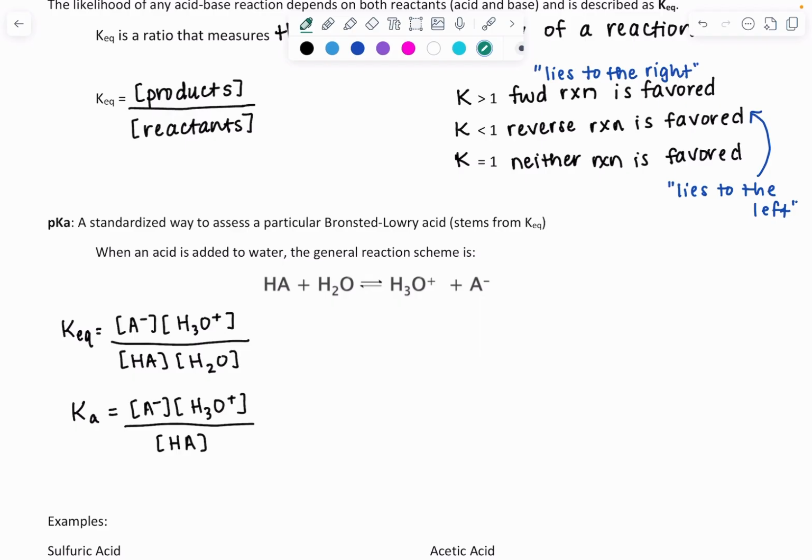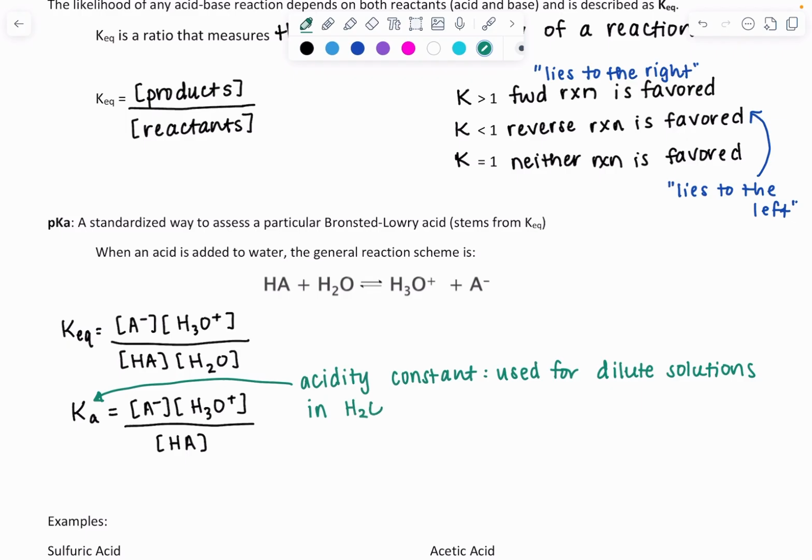So I'm going to write a little note here. Ka is the acidity constant. It is used for dilute solutions in water.